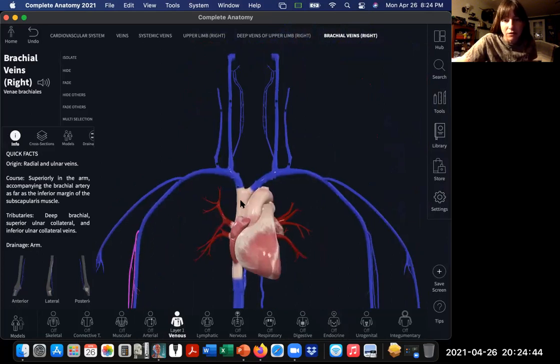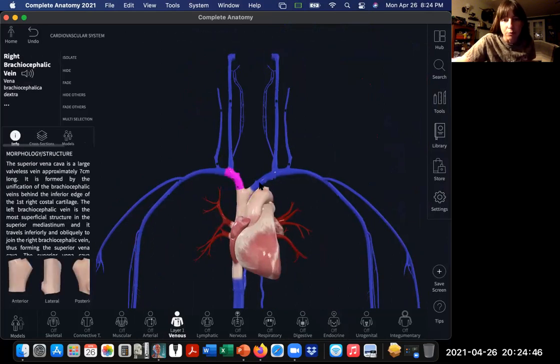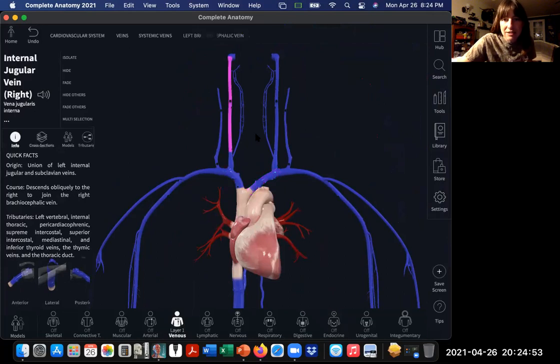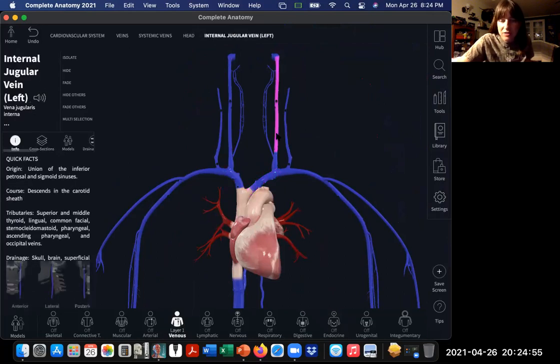Okay. Superior vena cava, brachiocephalic veins, which are the convergence of the right and left jugulars. These guys drain the brain.